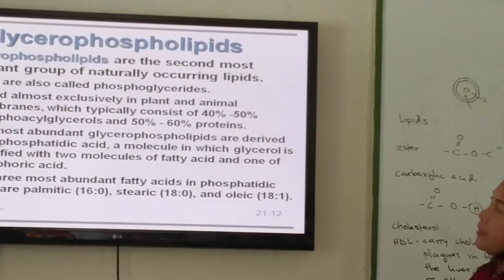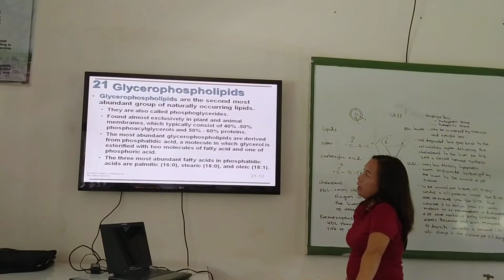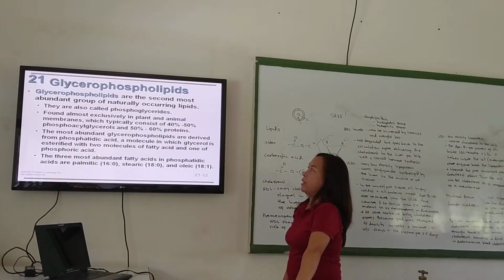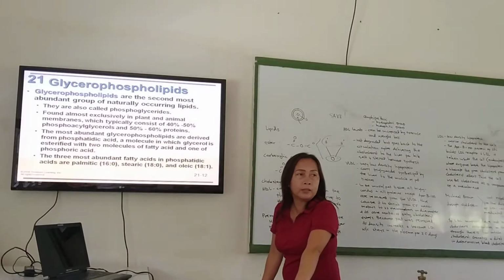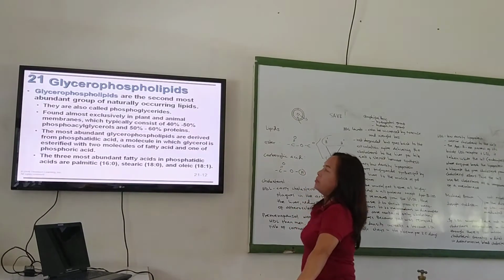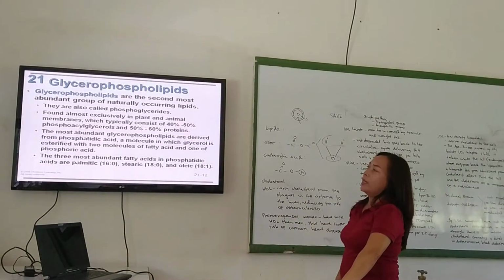Another is glycerophospholipids. They are the second most abundant group of naturally occurring lipids. They are also called phosphoglycerides or phosphoacylglycerols, found almost exclusively in plant and animal membranes.